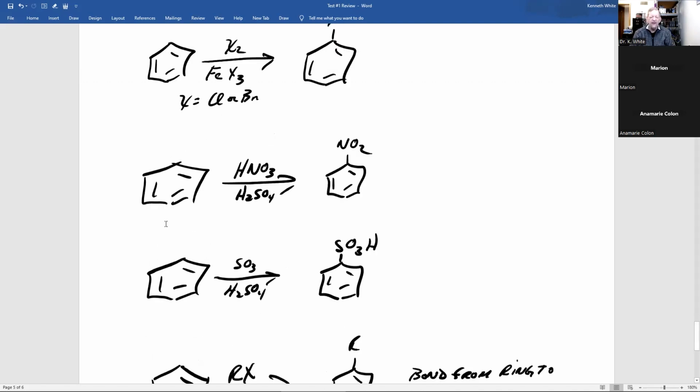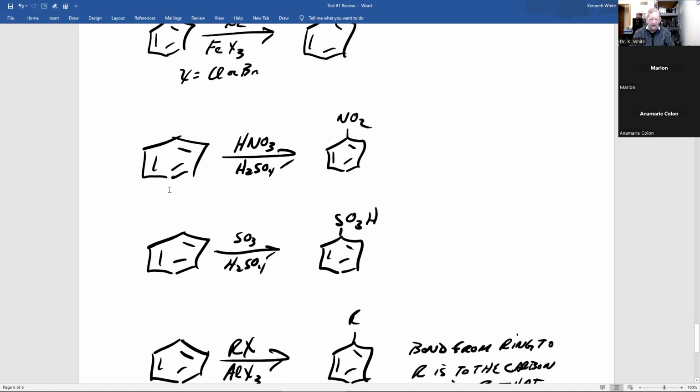So if we look at the second reaction, this is the only one I can ask you. And that's nitric and sulfuric acid reacting with a benzene ring to put on a nitro group. It's important that's NO2.